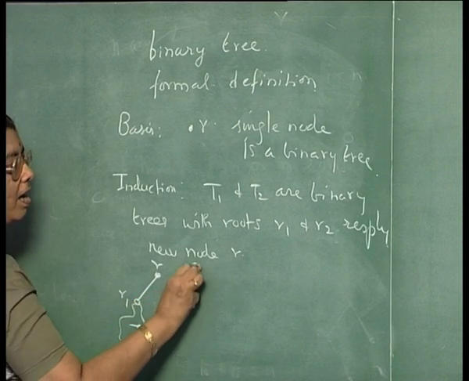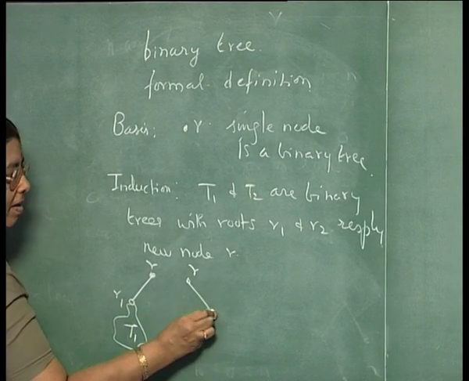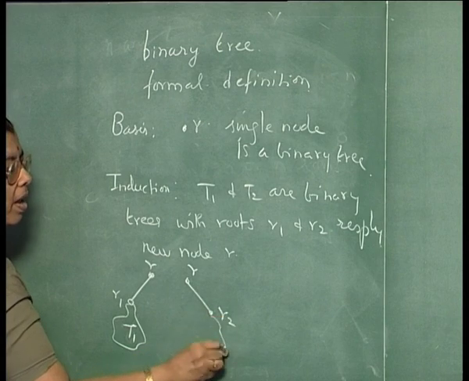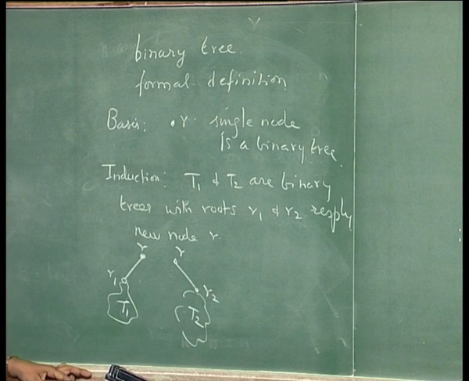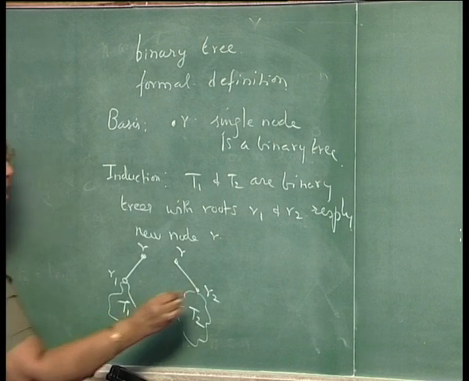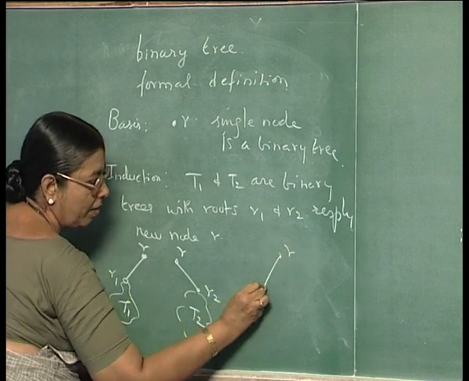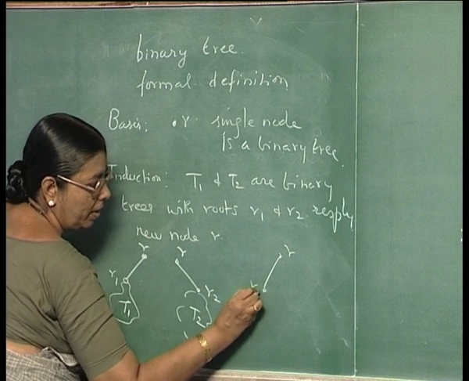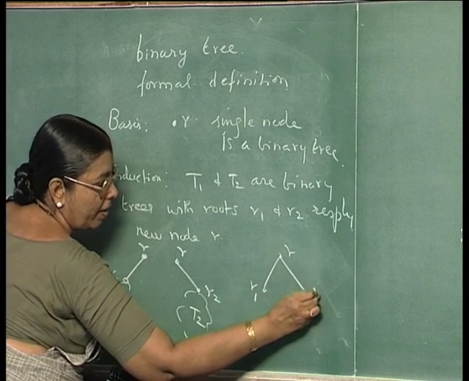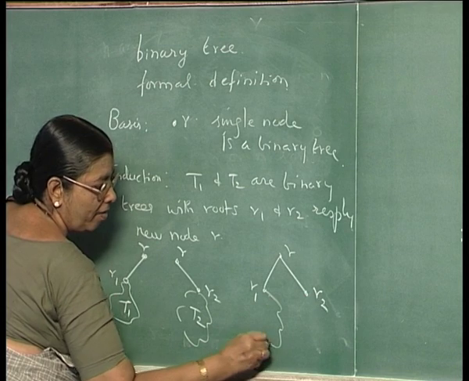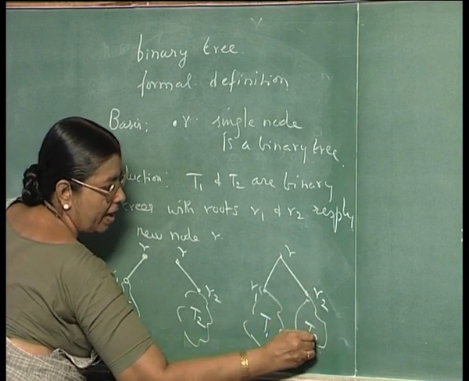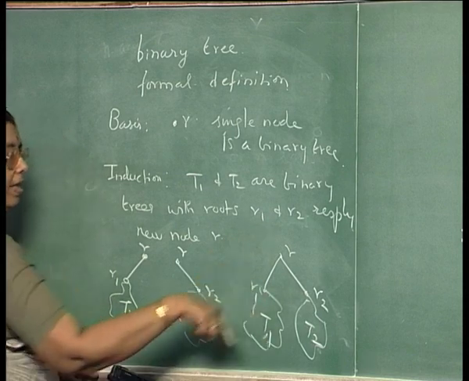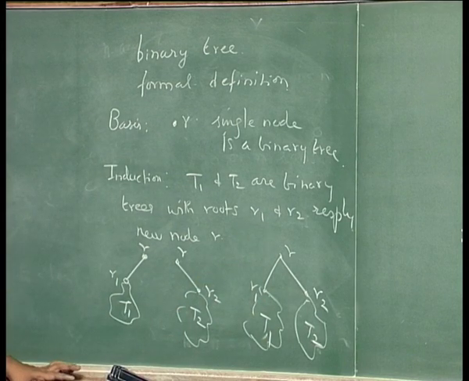Then R with a right arc to R2 and the tree T2 is a binary tree. And R along with an arc to R1 and an arc to R2, with the tree T1 and the tree T2, is also a binary tree.